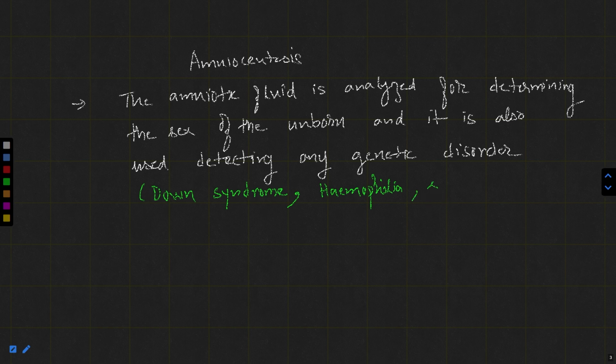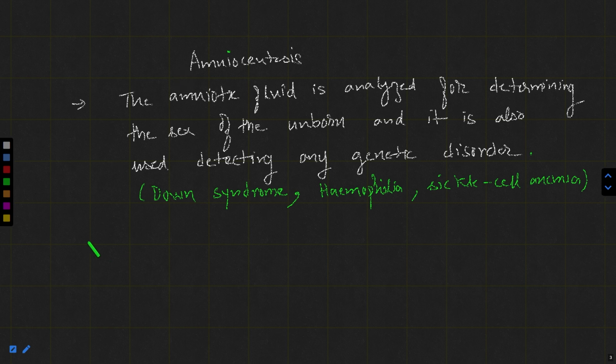Then another one is sickle cell anemia. What happens in sickle cell anemia? Abnormal hemoglobin is produced, and this abnormal hemoglobin causes the sickle cell shape of the RBCs. This is clear?